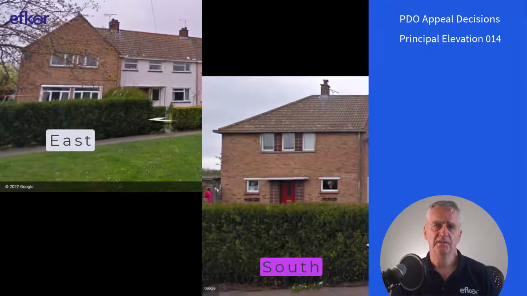The inspector said that the architectural intention was for the end house of the terrace to turn the corner, and that this had been achieved by means of organising the main architectural features on the south elevation. The inspector concluded that the south elevation was the principal elevation and dismissed the appeal.